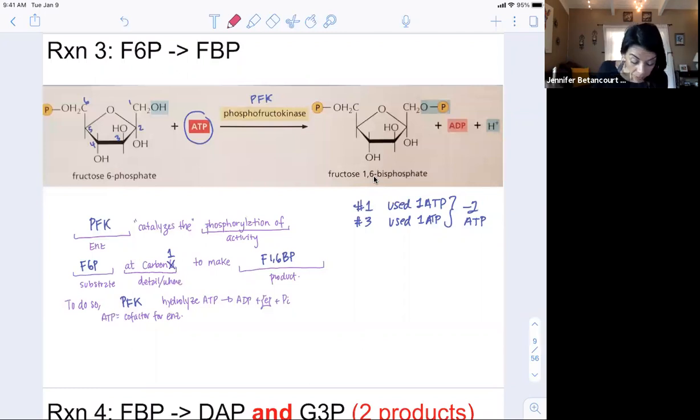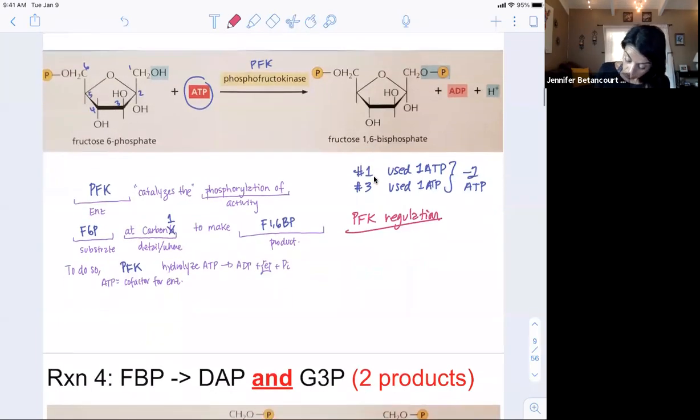So PFK regulation. Okay, so the first hexokinase we were talking about getting regulated just negatively. This one has both positive and negative regulation. So in this case, let's talk about the positive regulation first. And this is going to be via allosteric regulation.